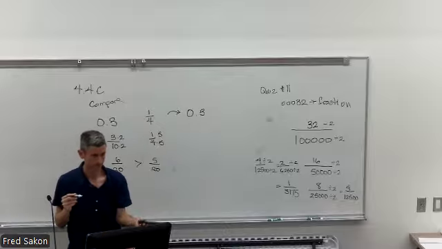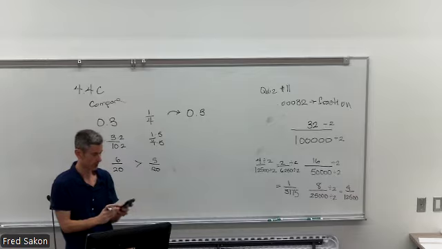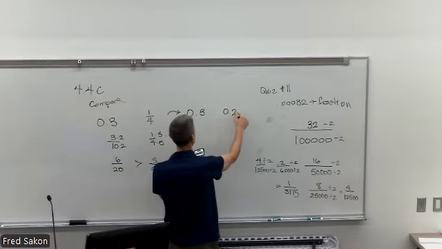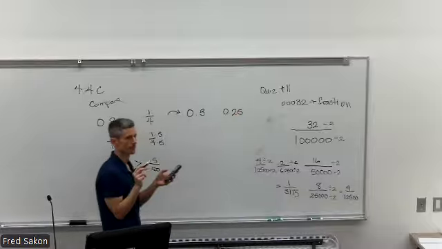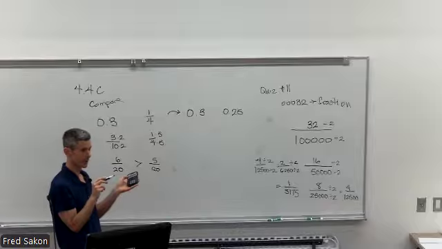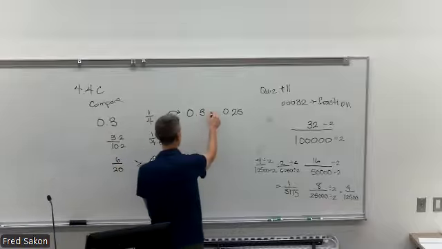One divided by 4. Enter, 0.25. Which one's greater? 0.3. Just compare.